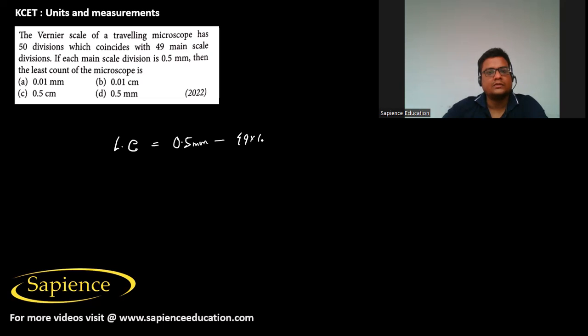So one vernier scale division will be: 49 main scale divisions means length is 49 into 0.5 millimeter, and 50 divisions in the vernier scale. So this will be 0.01 into 49, that is 0.49. So that is 0.01 millimeter.